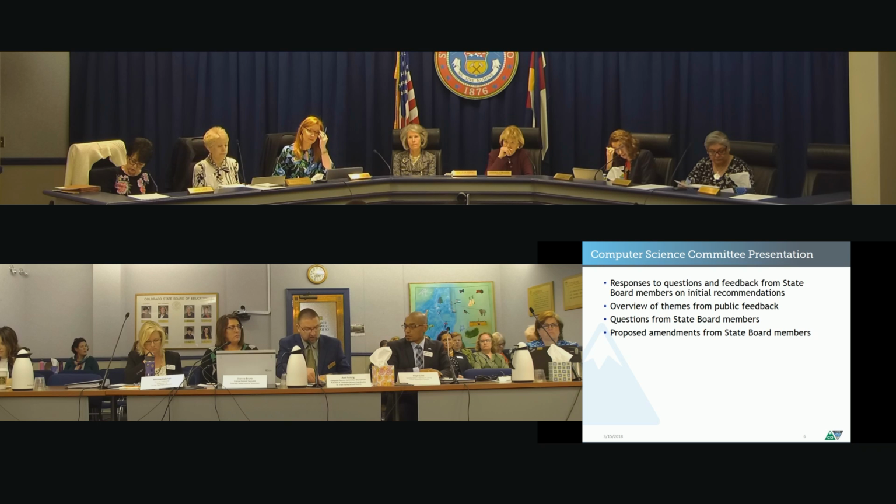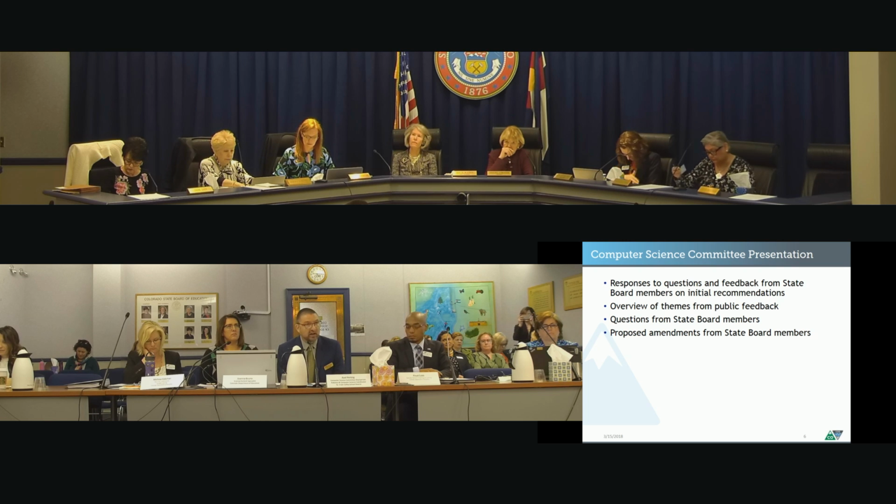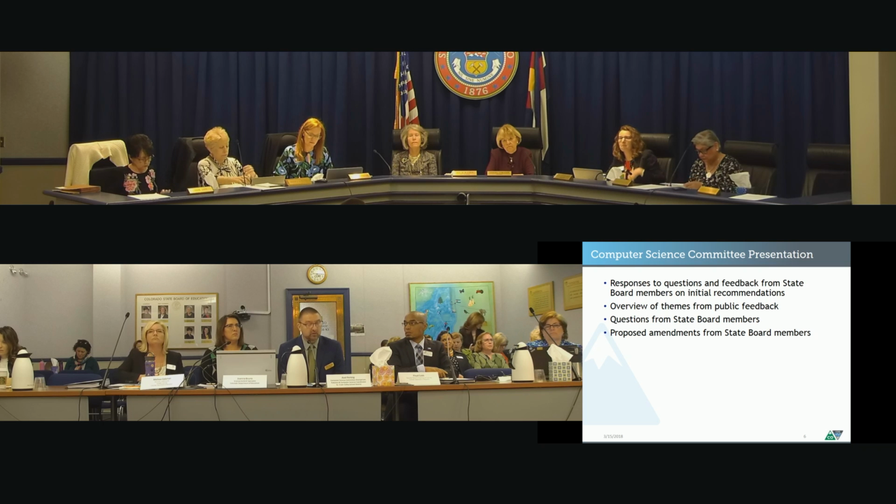There's an evidence outcome, which is analyze and apply a design methodology to identify constraints and requirements of an identified problem. So the standard allows for choice of a design methodology and for an identified problem. So this would afford teachers flexibility to fit it to the needs of their specific classrooms.